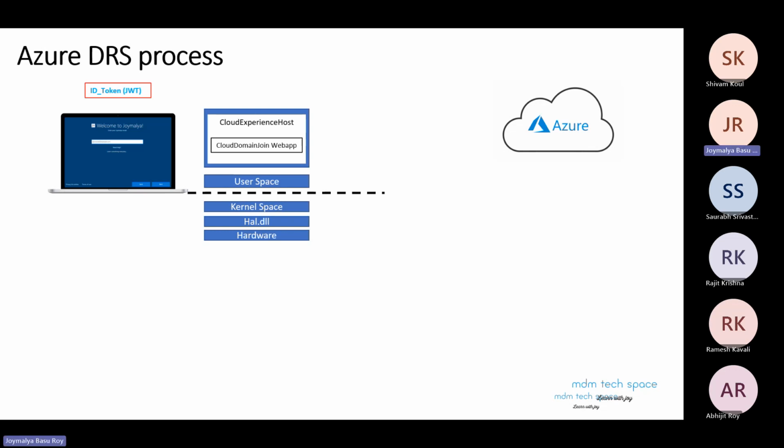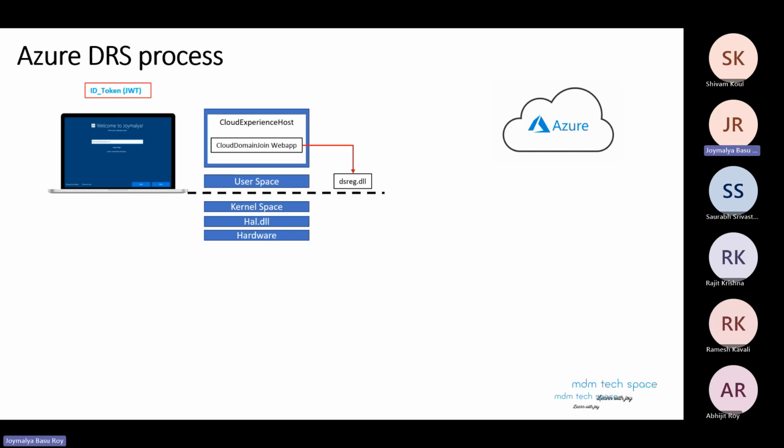This is the web app which is basically going to register or join your device to Azure. It will call in dsreg.dll, the DLL file that has all the functions for Azure Join and Azure AD registration tasks.